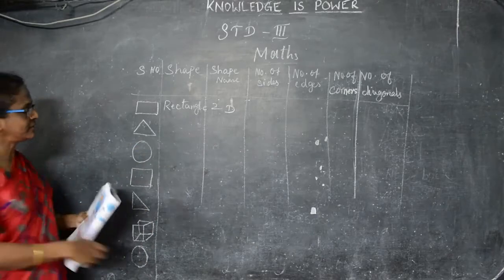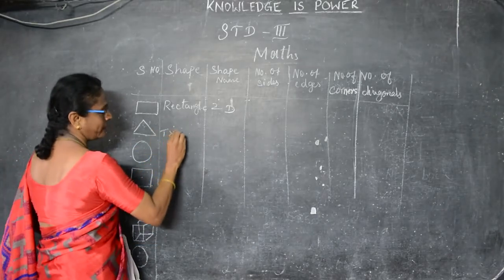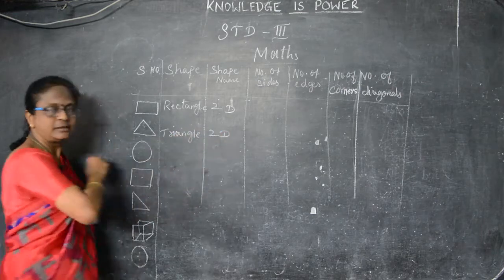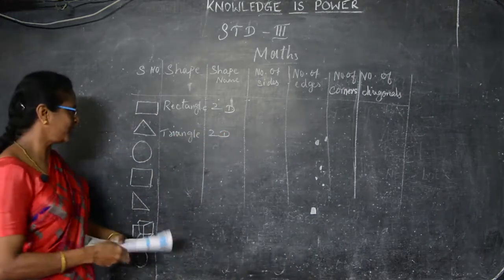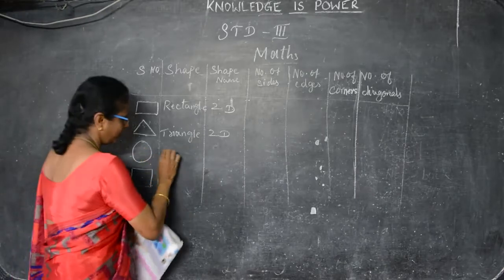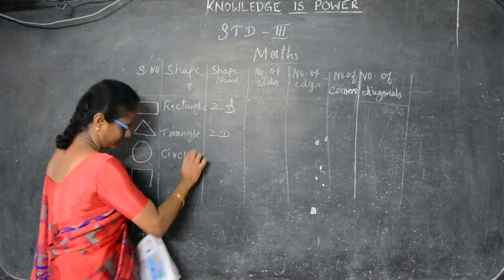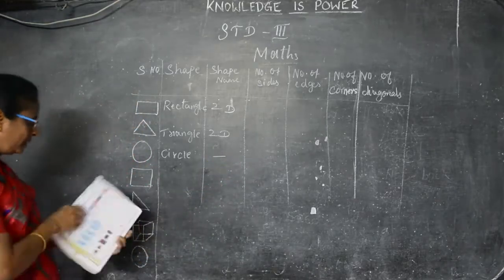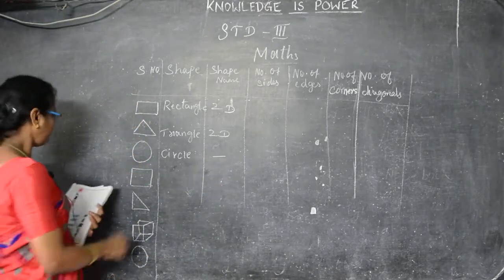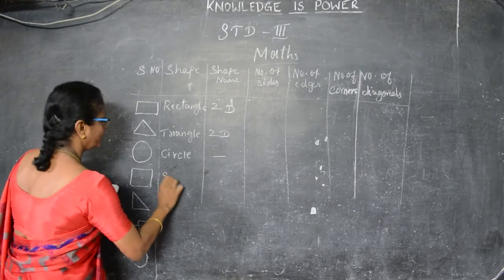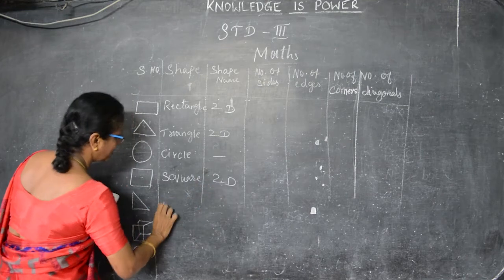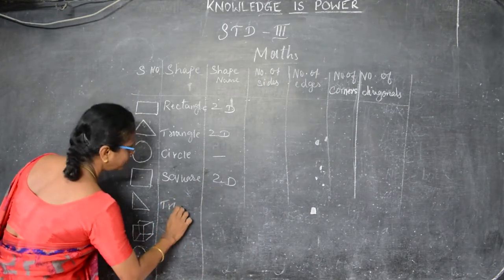And here this is the triangle. This is also drawn on a plane surface, so this is a 2D shape. And circle, the circle is also 2D. And square is 2D, and this triangle also, this is one type of triangle.